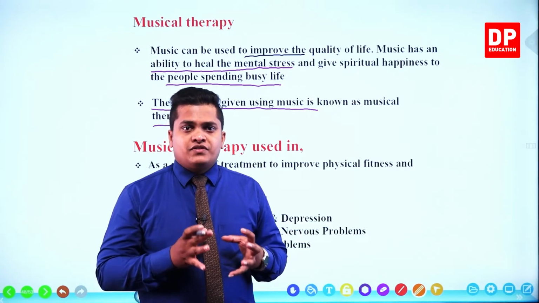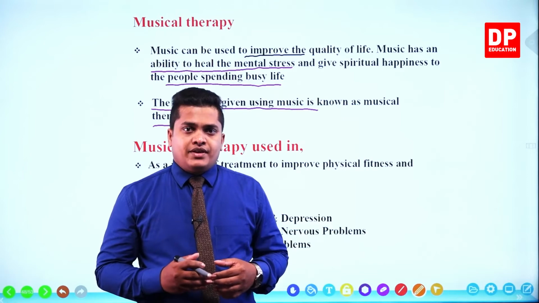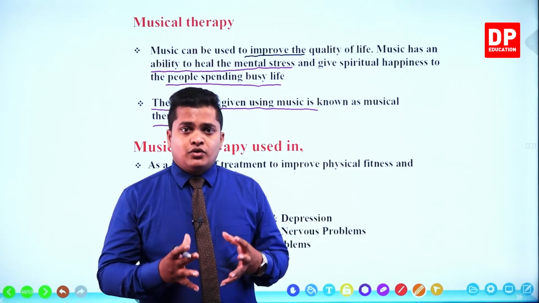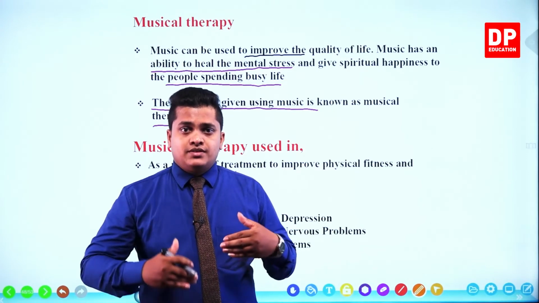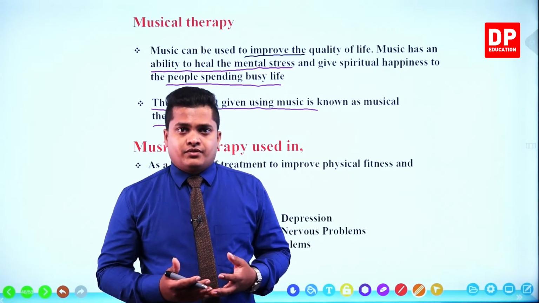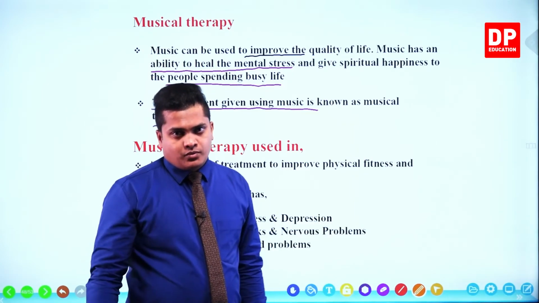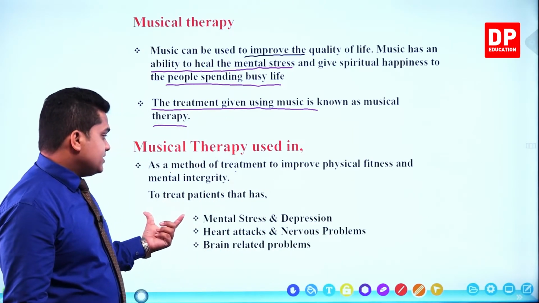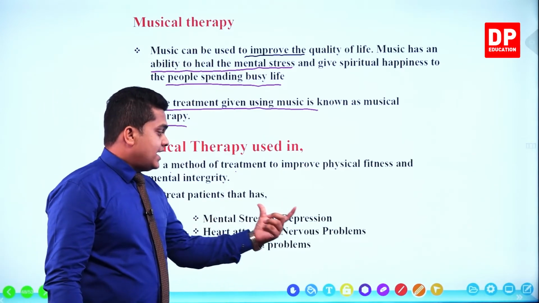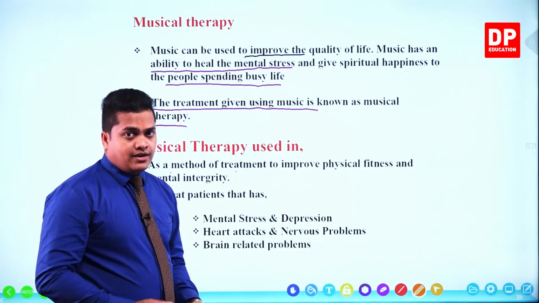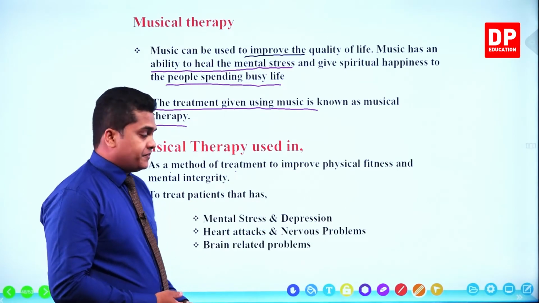In those kinds of situations, musical therapy is most commonly used. Music is given to those patients to listen regularly, to heal their mindset. So the patients that have mental stress and depression are given musical therapy as a treatment.